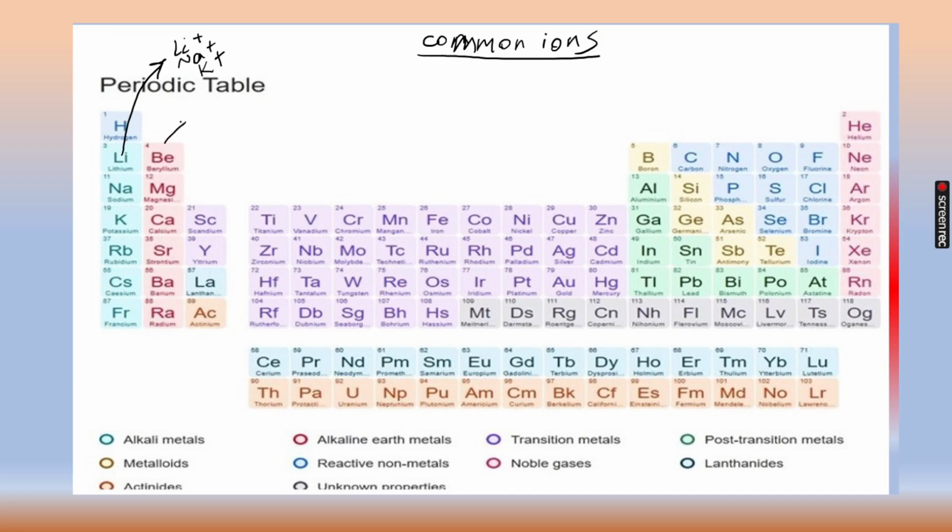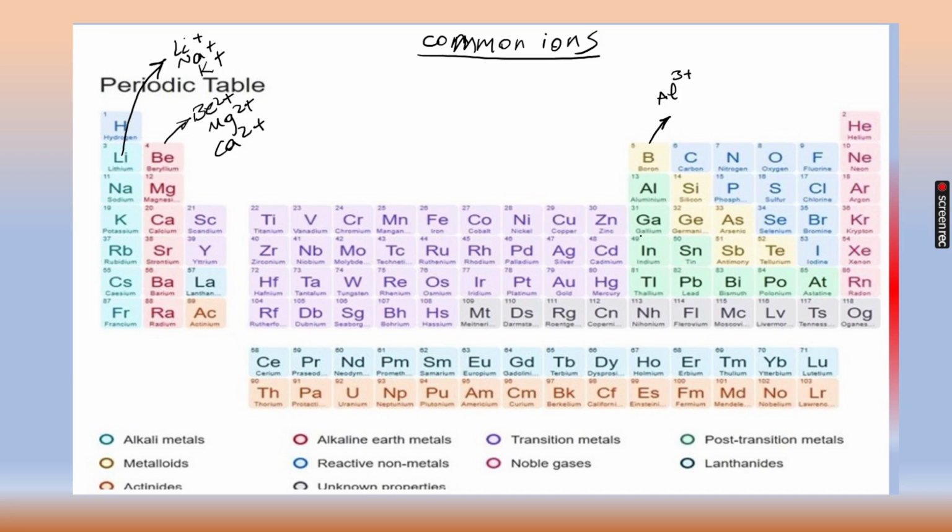They can create ions with a 2 positive charge. For example, magnesium, 2 positive charge. Calcium, 2 positive charge. Group 3 or 13, they can create ions with a 3 positive charge.